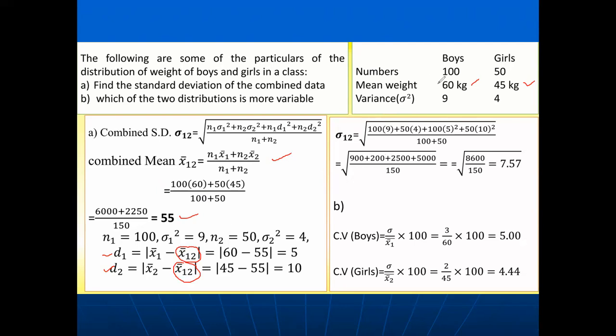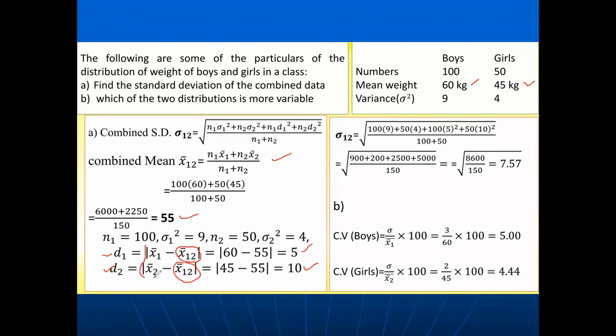Here I know that the mean value of boys is 60. So 60 minus the combined arithmetic mean value of 55 comes to 5. Similarly for girls, it is 45 minus 55, so it comes to minus 10. Since it's coming to minus 10, you can take the mod value.